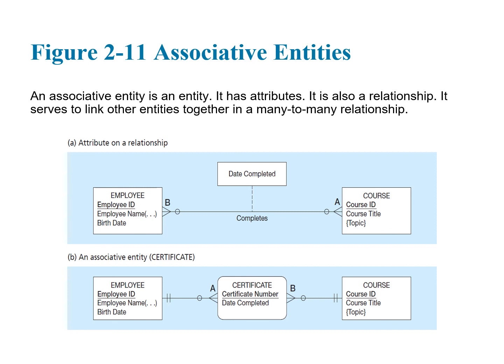Note that the many-to-many cardinality between entities in figure 2-11a has been replaced by two one-to-many relationships with the associative entity. The associative entity is always on the many side of the relationship. It links the entities, and the many-to-many relationship has been replaced by two one-to-many relationships.